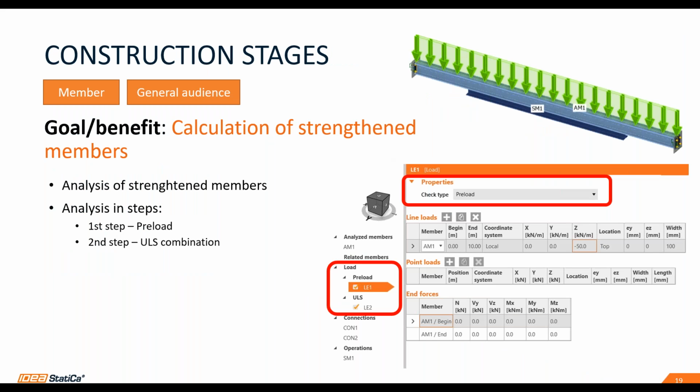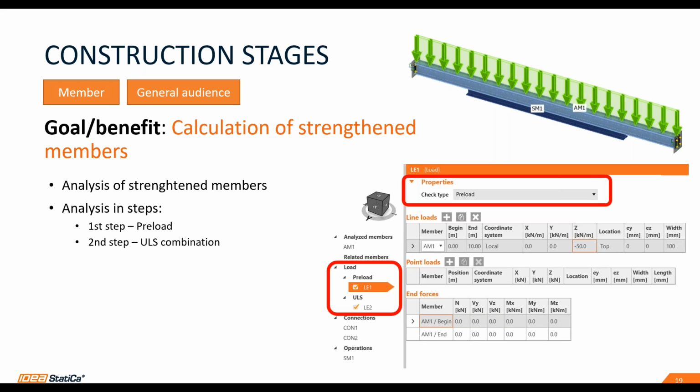The other improvement is related to analyzing structures which are already built. If you have your structure on site loaded by the original or current loads, there are some deflections, there are some stresses already, but you need to increase the loading or apply something more.